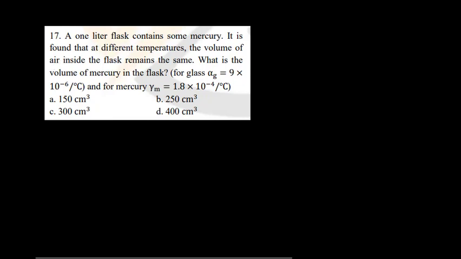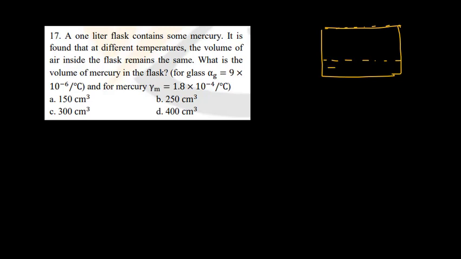A 1 liter flask contain some mercury. So initial volume we understand that, suppose this is glass, okay, this is 1 liter container, okay, this will be packed from the top, and in this there is some mercury level. Suppose this is a mercury and there is some air.